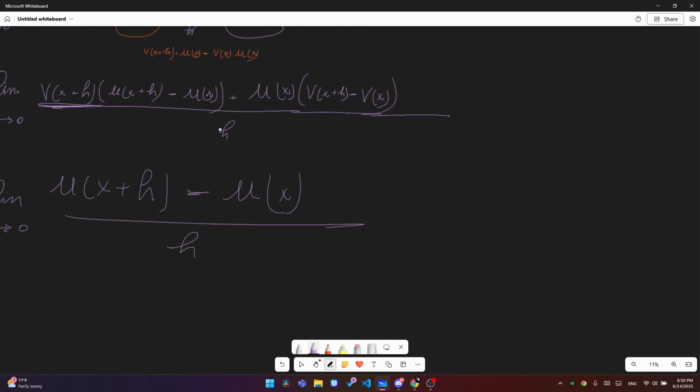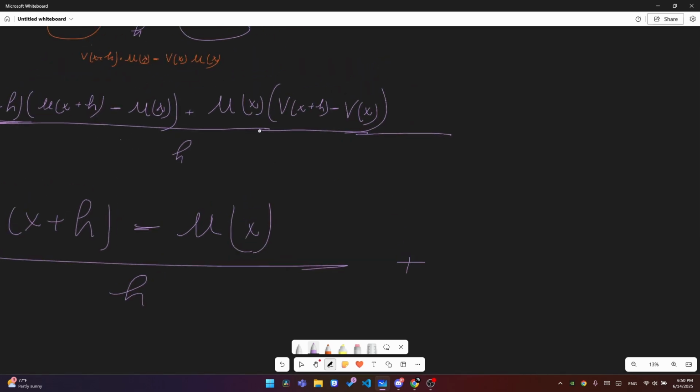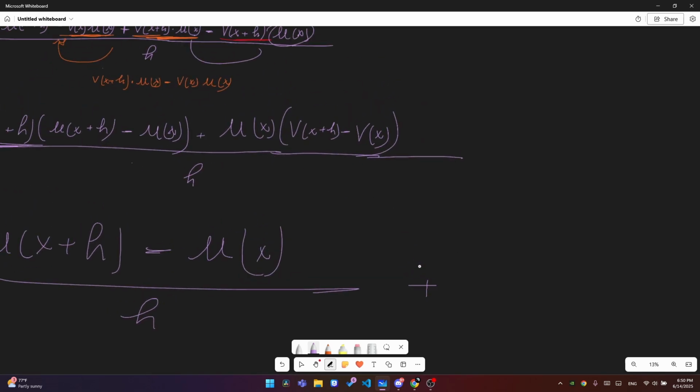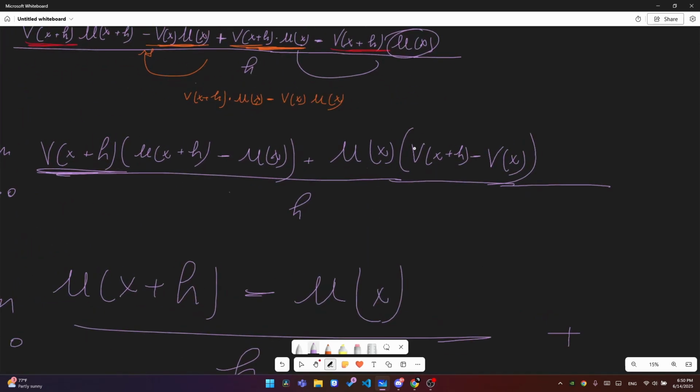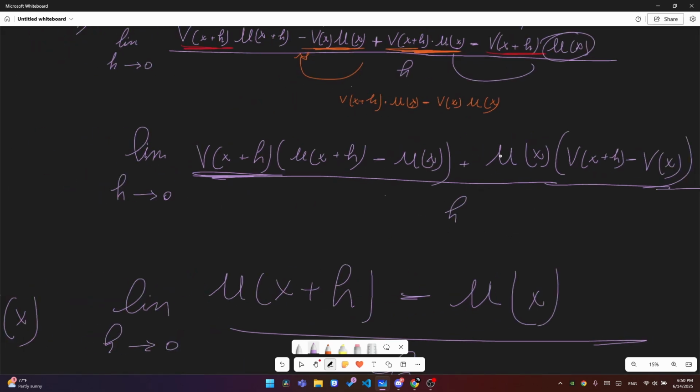Then we can add the second one. The u of x again does not have anything to do with the limit as h approaches 0. It's just basically going to stay the same.